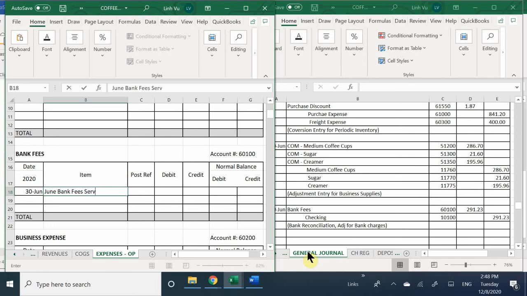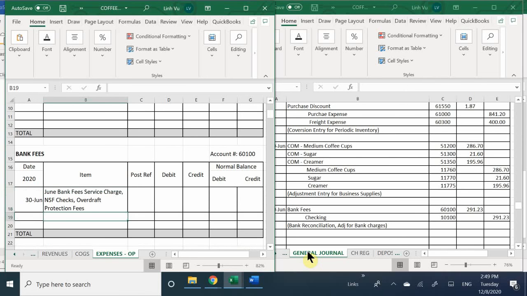Okay, for service charge, NSF checks, comma, overdraft protection fees.